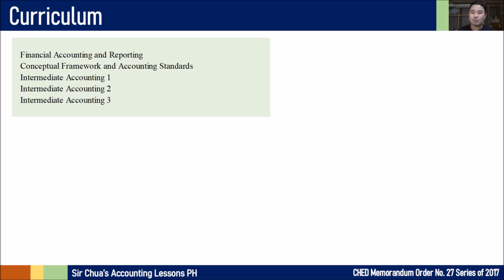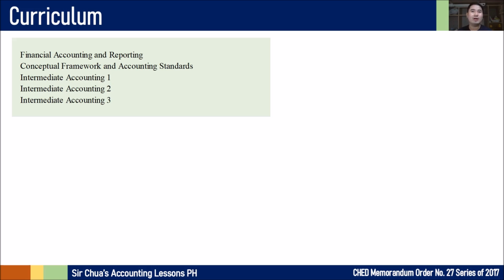Financial Accounting and Reporting, Conceptual Framework and Accounting Standards, Intermediate Accounting Parts 1, 2, and 3. All of them pertain to the preparation and presentation of financial reports, financial statements. Okay? That's one of the things that you can do kasi as an accountant, no? Yung doing financial reports, yung tinatawag po nating financial statements.